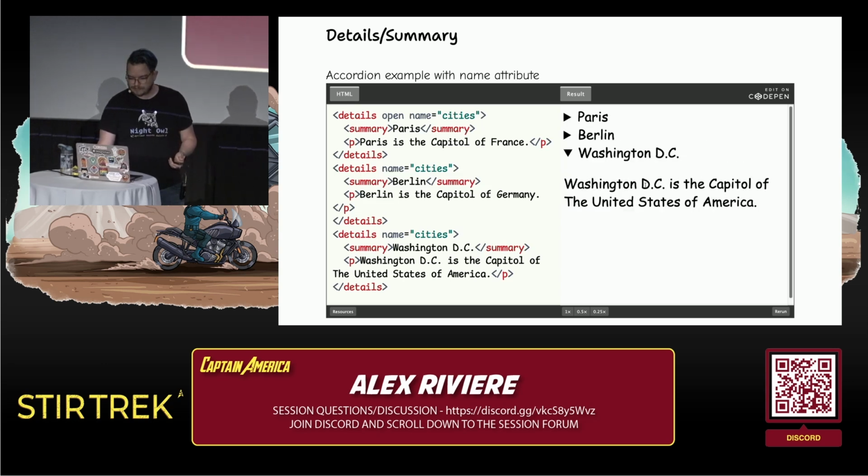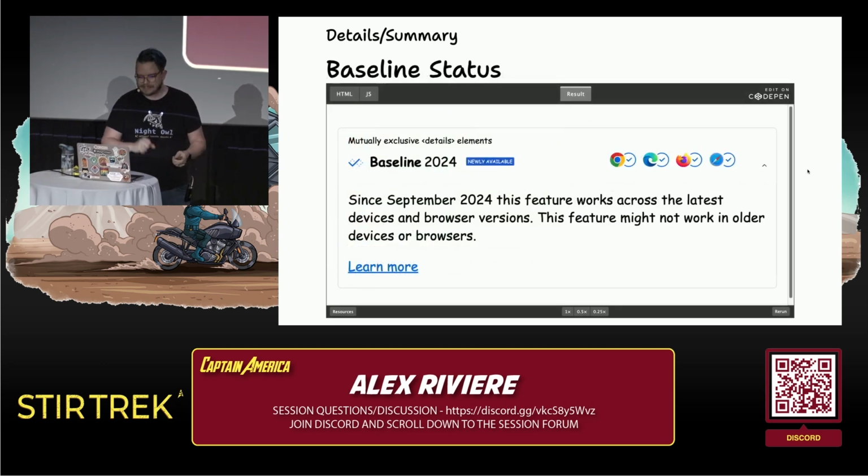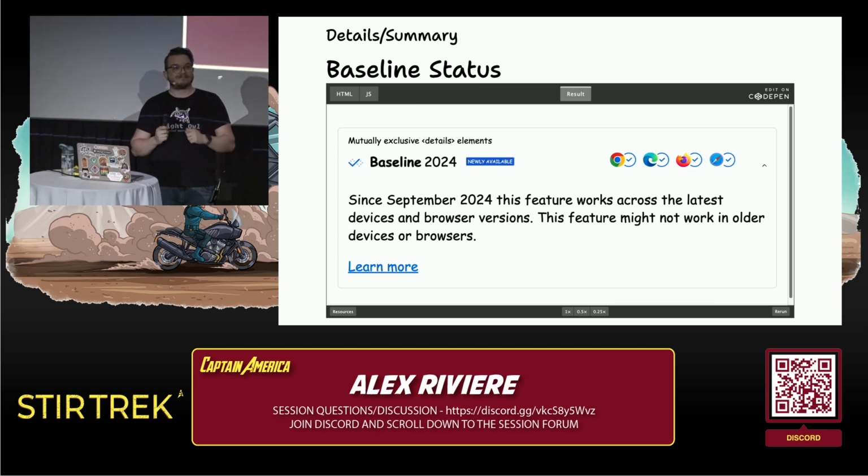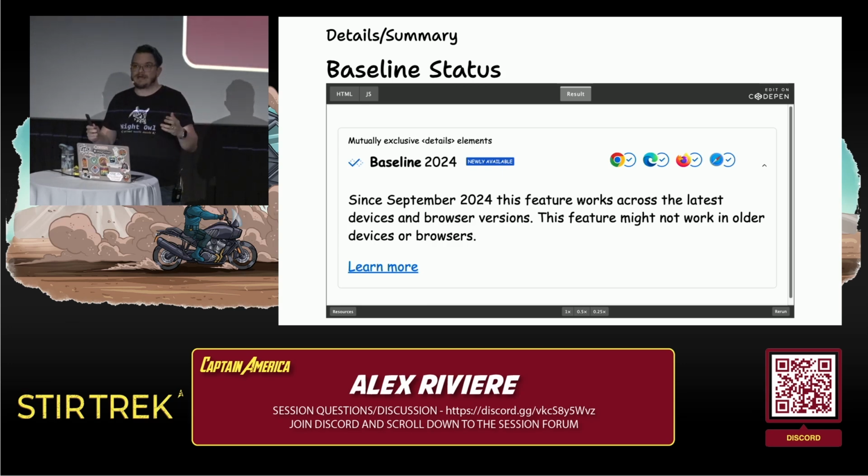This is available in, hopefully, yes, this is available in all browsers and has been since September of last year. So you can go use this. And guess what? If it doesn't work in the browser, you can add some JavaScript to make it work really easily, because it's pretty straightforward. So there you go. That is the new name attribute.